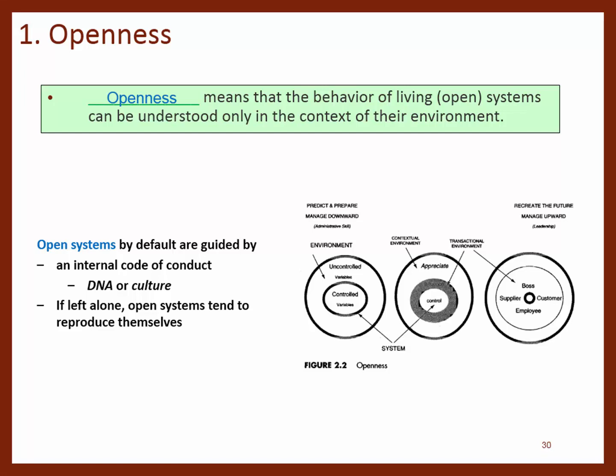Open systems by default are guided by an internal code of conduct. That could be DNA, or the actual system design. If left alone, open systems tend to reproduce themselves, and that's in the case of living organisms.